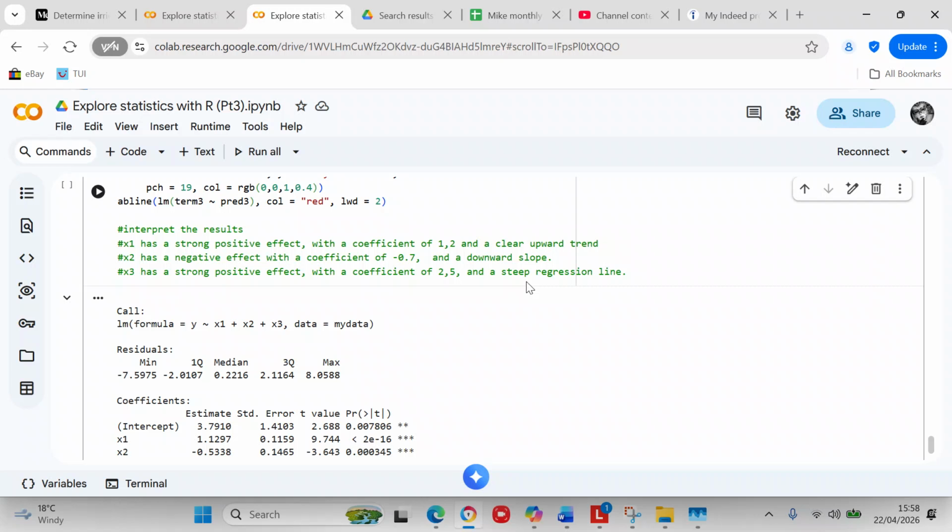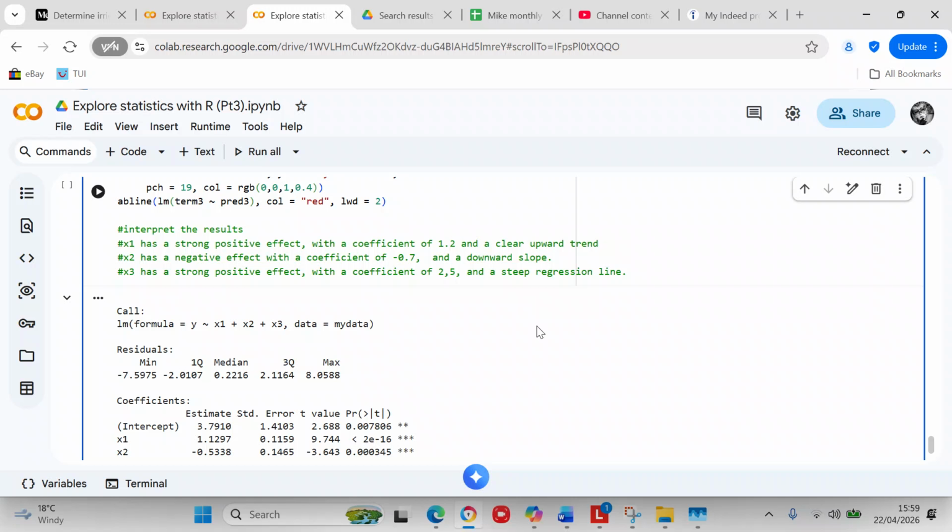x1 has a strong positive effect with a coefficient of 1.2 and a clear upward trend. x2 has a negative effect with a coefficient of negative 0.7 and a downward slope.